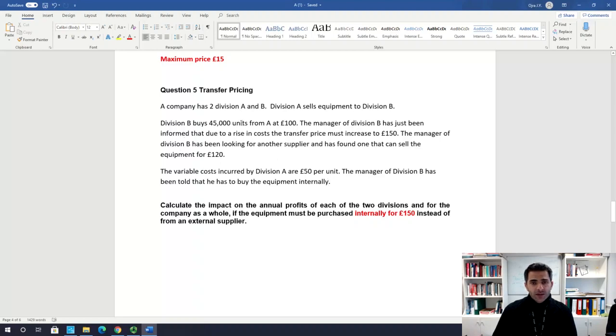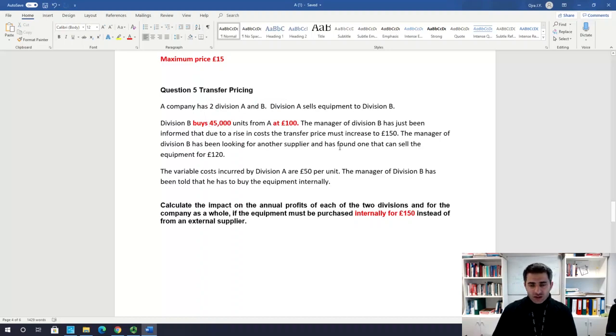B buys 45,000 units from A at £100 each. So what does that mean? This means A charges B £100 each for 45,000 units.